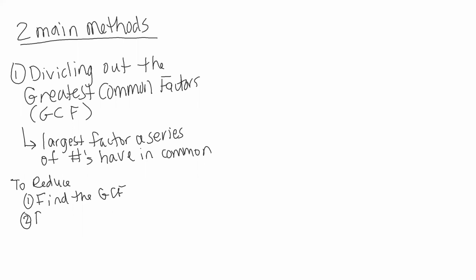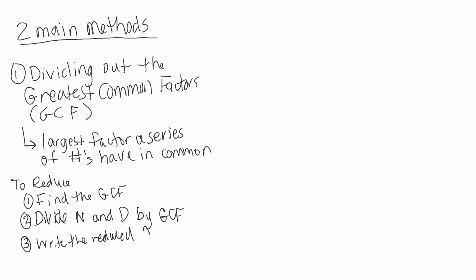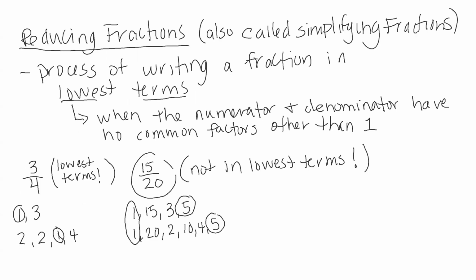You would divide the numerator and denominator by the GCF. And then write out the reduced fraction. It's really that simple. Okay, so if we go back to this example of 15/20, I'll do this in a different color so you can kind of see it.